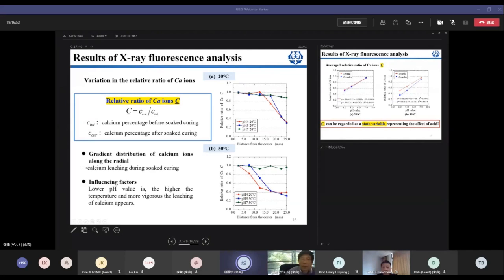In this case, you can see this is the distance from the center of the sample. The relative ratio is defined as the calcium percentage before soaking and after soaking. In the center, because it's far from the surface, there is no erosion.